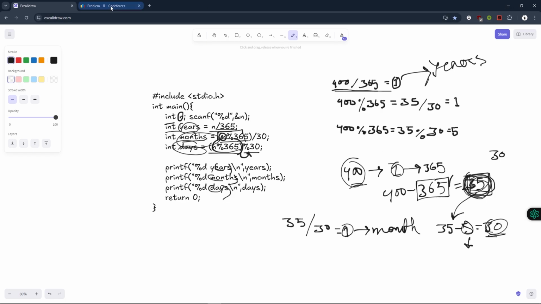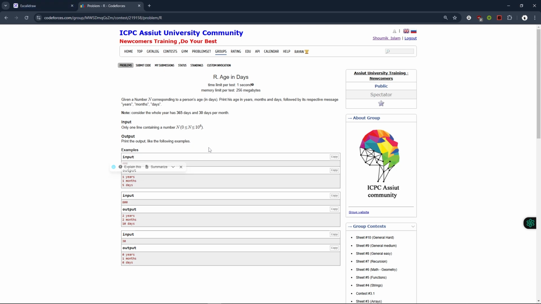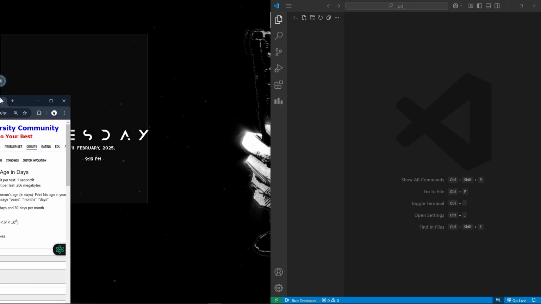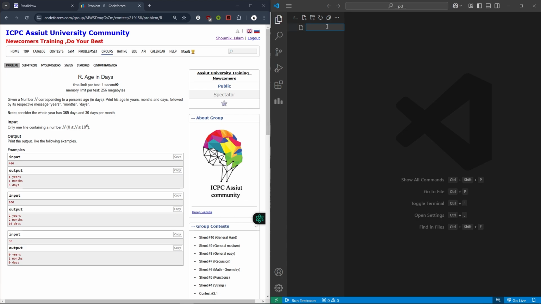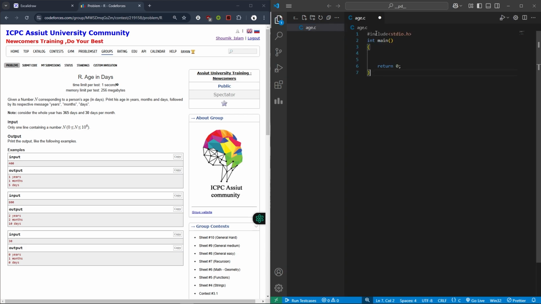Now if you guys have understood that, let's write this program. Let's start by creating a file called age.c. We'll just write a simple C program. Take input, which is the n.